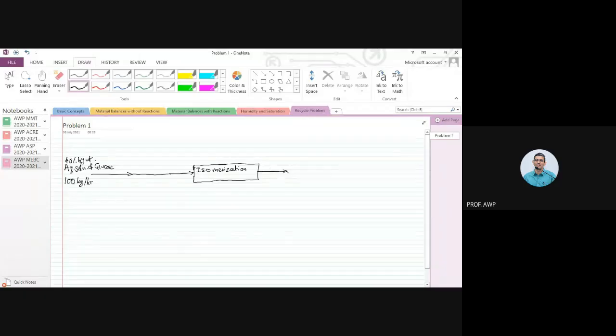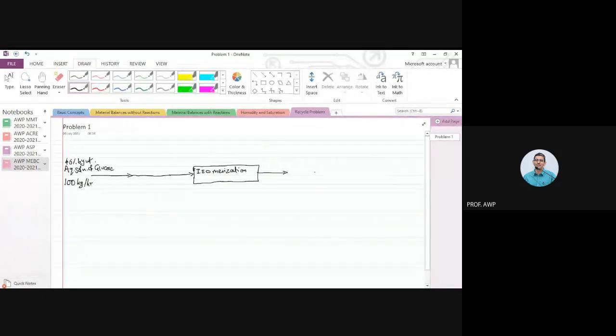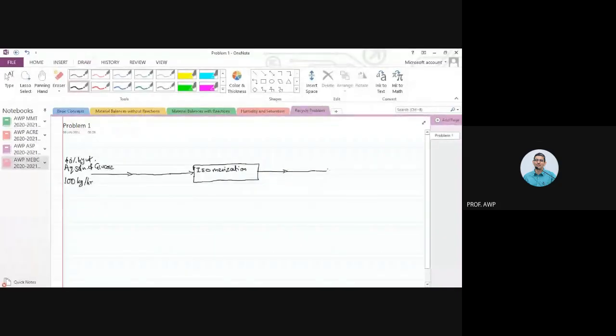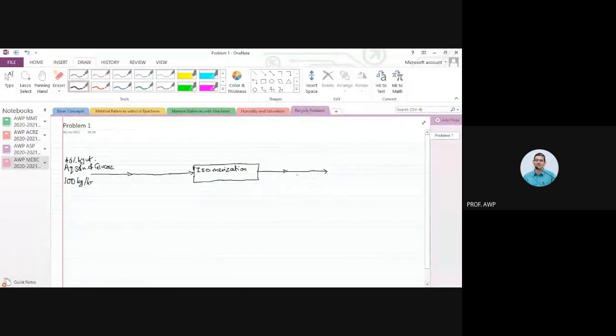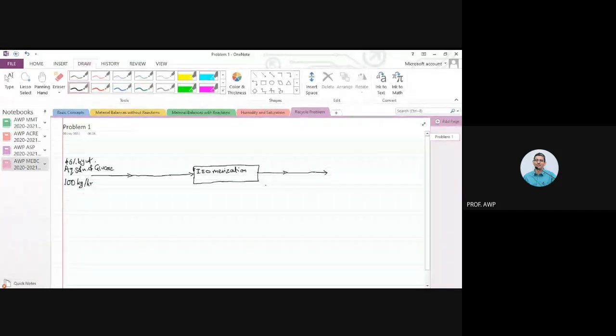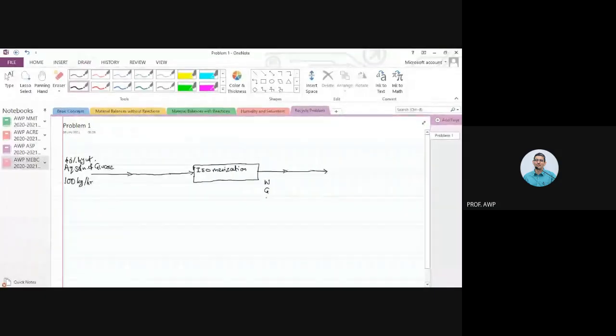Now, what comes out of the reactor is water, unreacted, since there is no reaction of water. Some of the glucose gets converted to fructose. So what comes out of the reactor is water, glucose, and fructose.